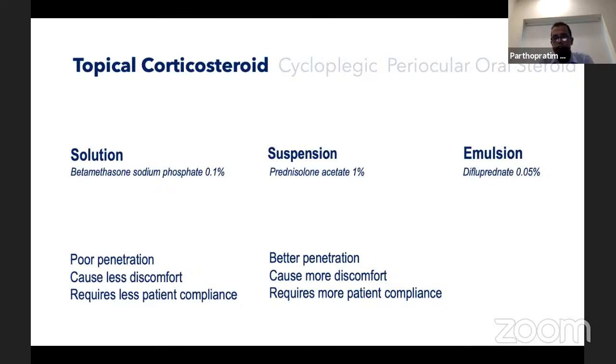Now we have emulsion, difluprednate, where instead of aqueous we use an oil-based preparation. But the problem with this emulsion, which we have seen, is often a high spike of IOP, which is sometimes very difficult to control. That's why we don't use it regularly in our clinic.